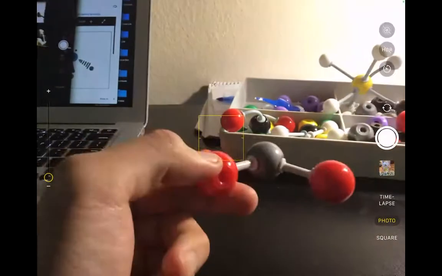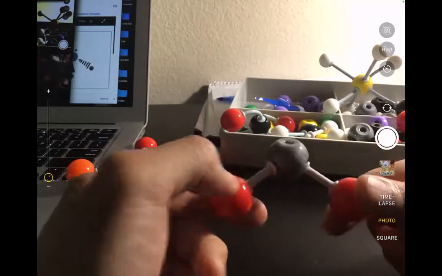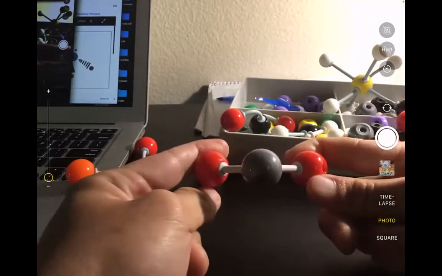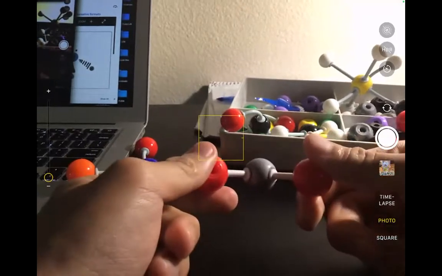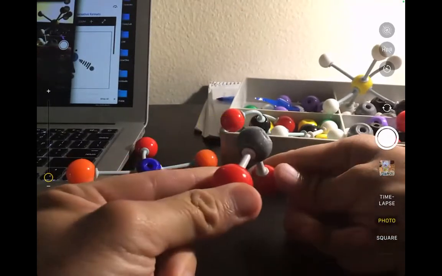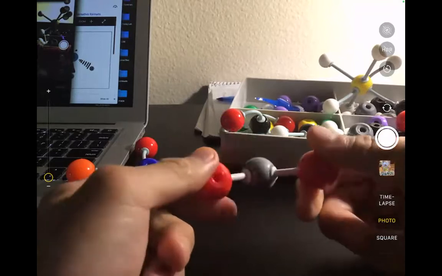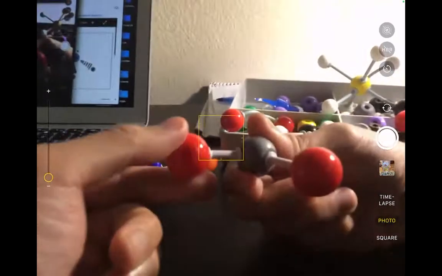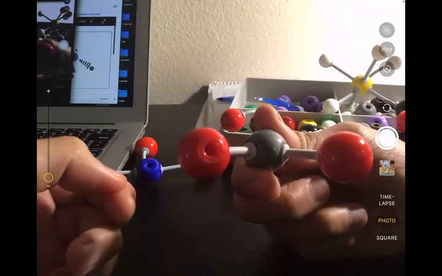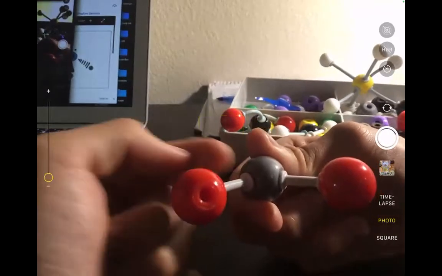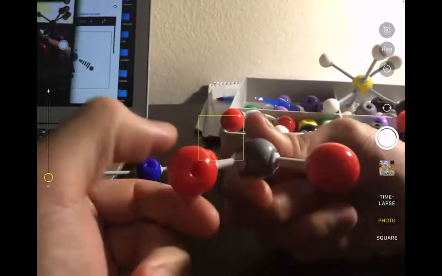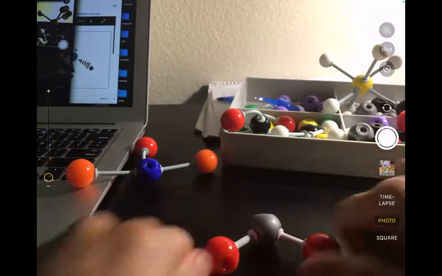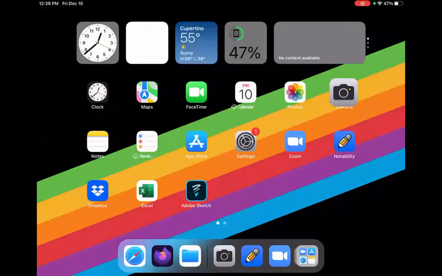So just choose one perspective: front, side, top down, or bottom up. I'll do something different here and choose the bottom up perspective where I have 2 wedged bonds.